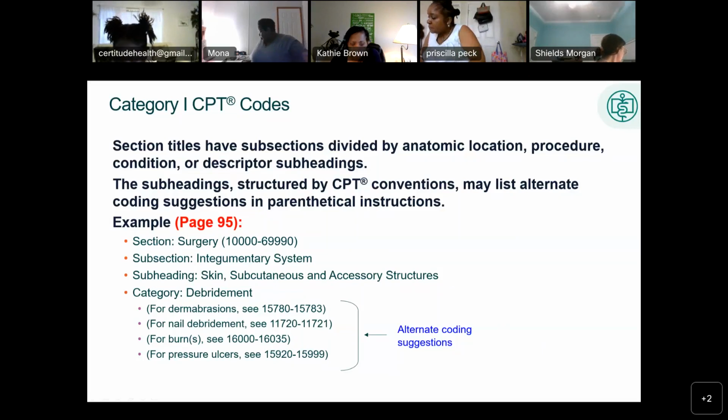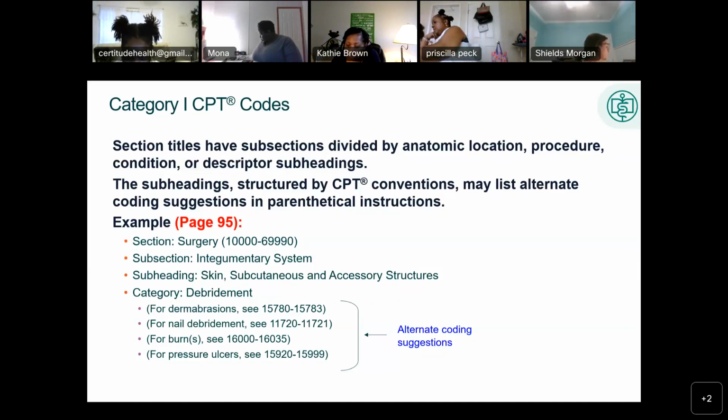Next, page 95, same thing. That is a category of incision and drainage. That means that all of the codes listed under incision and drainage pertain to that particular service being performed on skin, subcutaneous, and accessory structures of the integumentary system.